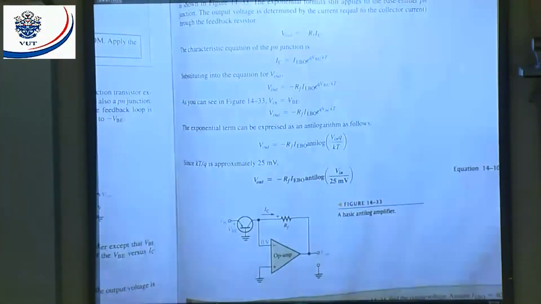Then we can say Vout is equal to minus RF IEBO anti-log of Vin times q divided by kT. That kT divided by q is also approximately 25 millivolts, exactly the same as previously mentioned. Then we can say Vout is equal to minus RF IEBO anti-log of Vin divided by 25 millivolts.